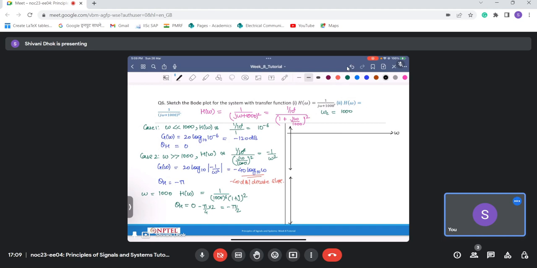So now let us draw the magnitude and phase response. So this is omega, this one is G of omega, this one is for theta H. Let's say this is 1, this one is for 10, 100 and 1000.